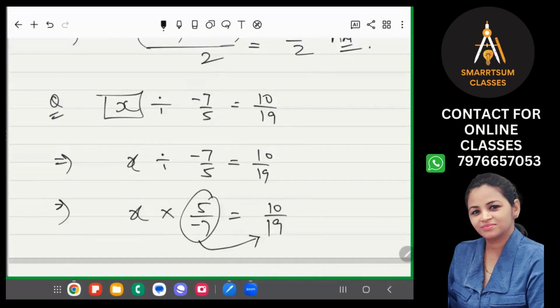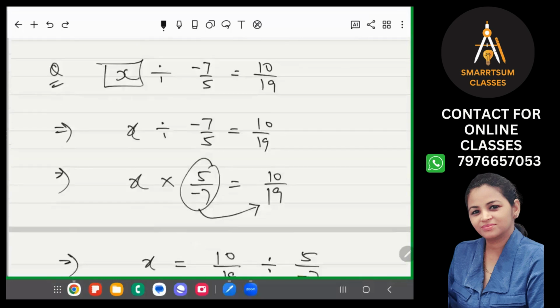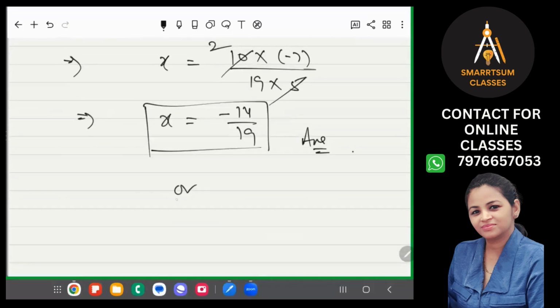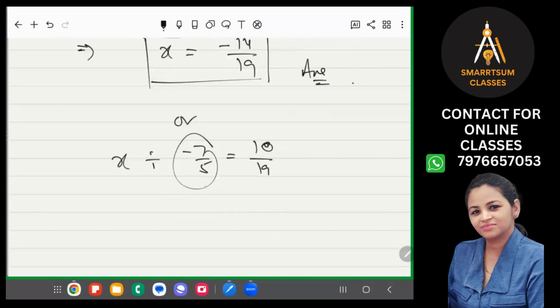Okay. Other way to do this, you can directly transpose this term to here, right? And it will go in multiplication, right? So rather than converting this into multiplication on the left hand side, you can transpose it directly, means x divided by minus 7 by 5 is equal to 10 by 19, right? So you can simply take this number to that side.